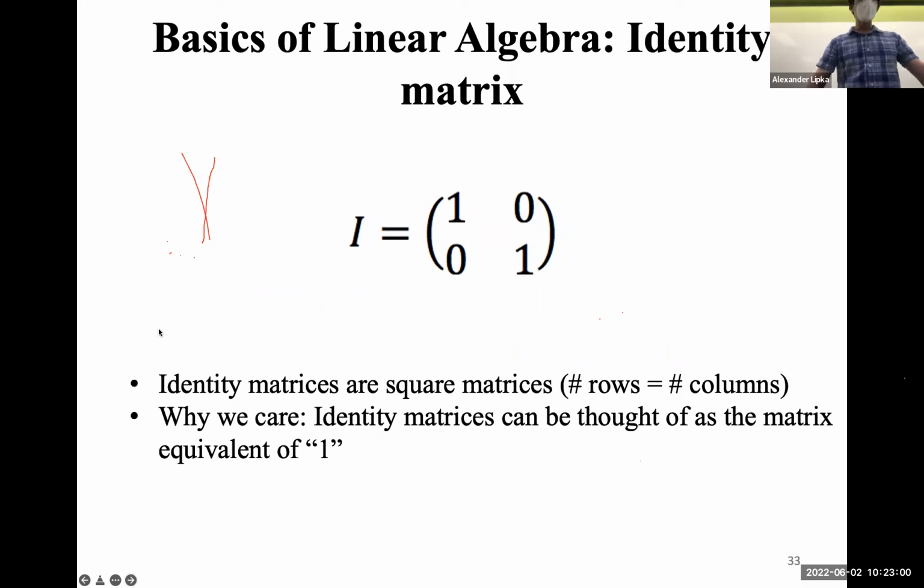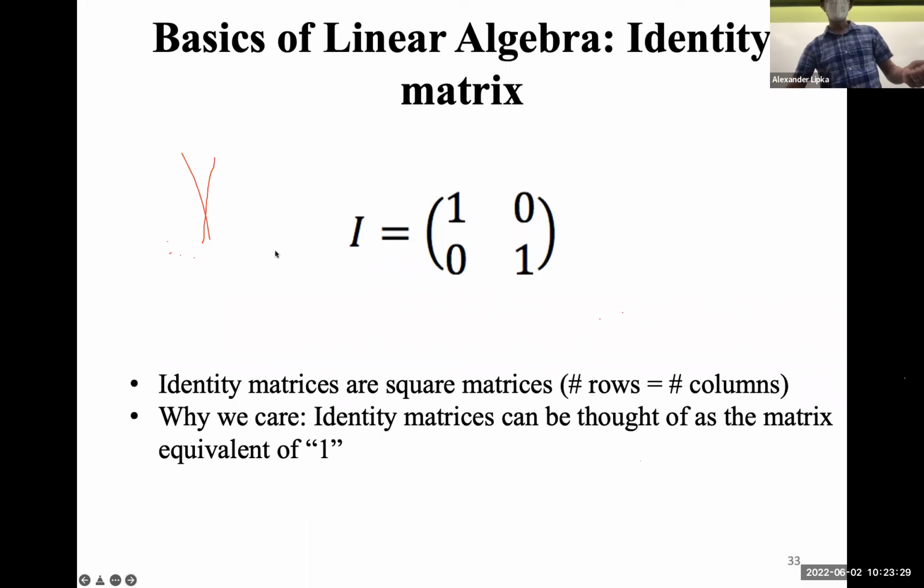So the identity matrix is basically a linear algebra representation of 1. Just like if you take a number and multiply it by 1, you get the same number, it's the same idea: if you take a matrix and multiply it by the identity matrix, you get the same matrix.